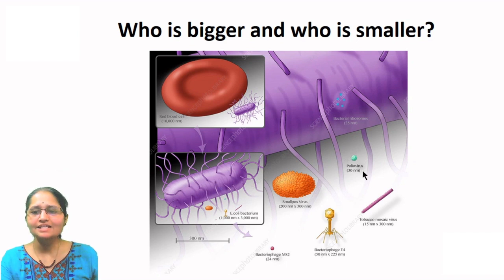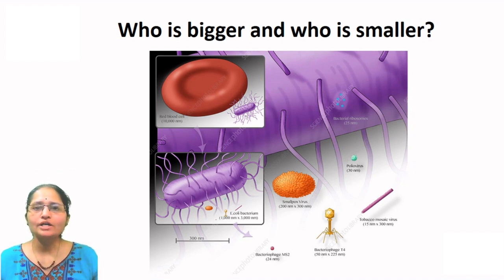See, the viruses' sizes are in nanometers, whereas the bacteria are measurable in micrometers. So the bacterial cell is comparatively much larger than the virus, and it is much smaller as compared to the human RBC.